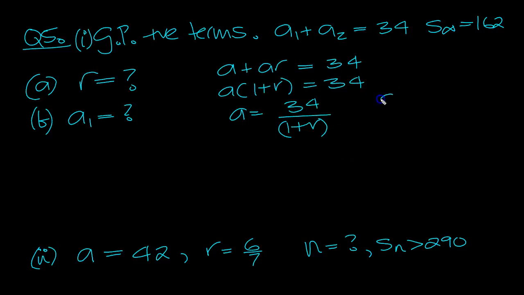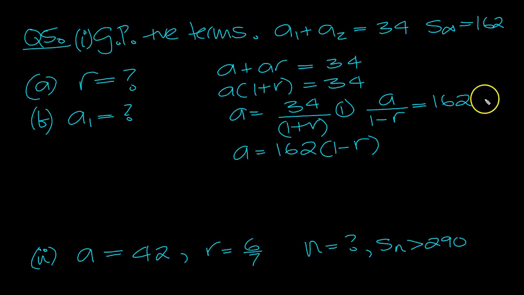Right, and a over 1 minus r, the sum to infinity, is 162. So a is equal to 162 times 1 minus r. So a is equal to that, and a is equal to 34 over 1 plus r.